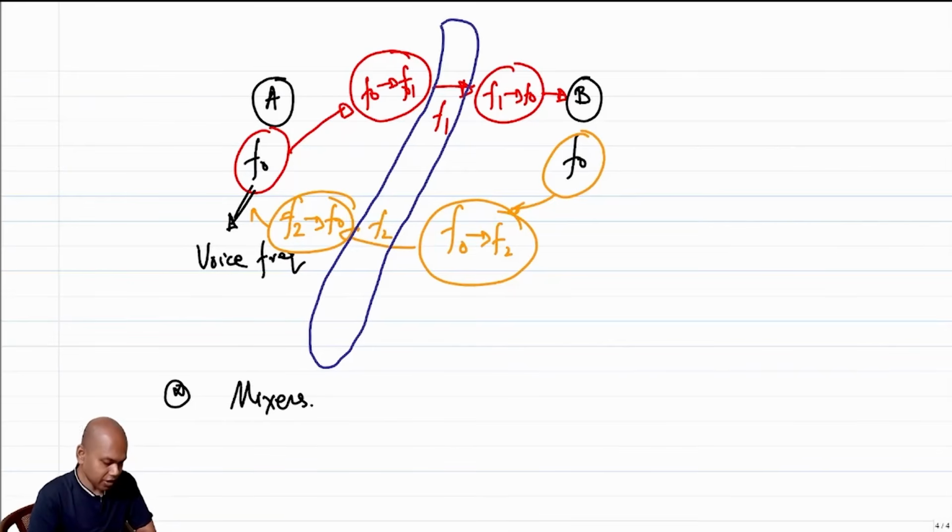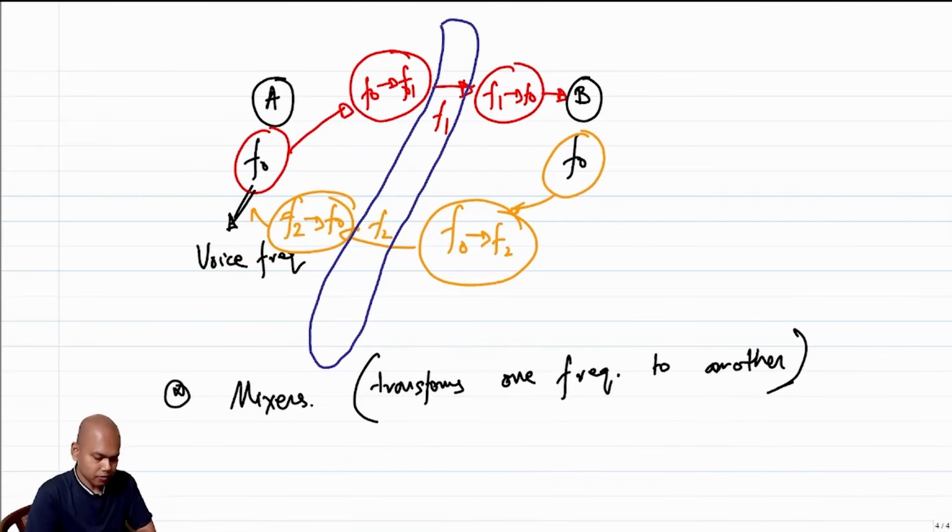Mixers are one kind of circuits which can transform one frequency to another, or, the more technical term, they help in modulation.